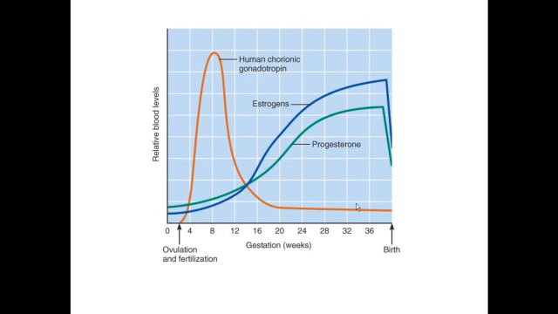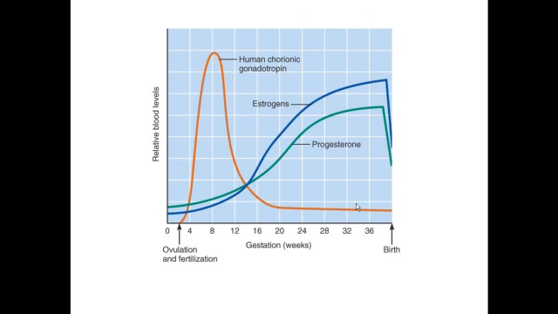But if we look at human chorionic gonadotropin, or HCG, this is the chemical that is detected in early pregnancy tests. And you can see very, very shortly after conception, the amount of this hormone skyrockets. And so this is what is being detected in the urine in those early pregnancy tests.